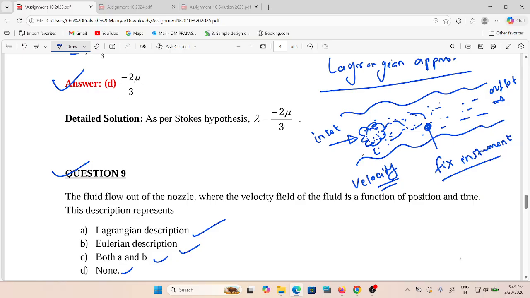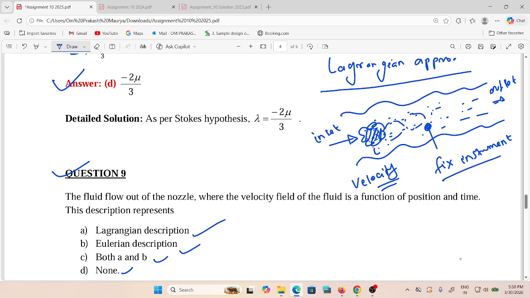Means your instrument captures a particular fluid parcel, and your instrument is tracking it. As your fluid parcel is moving from one place to another place, your instrument also moves with that fluid parcel only.